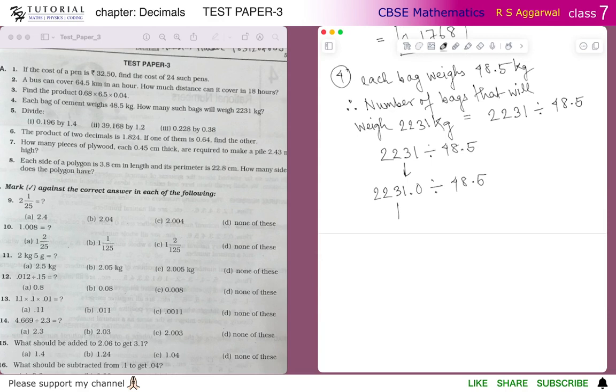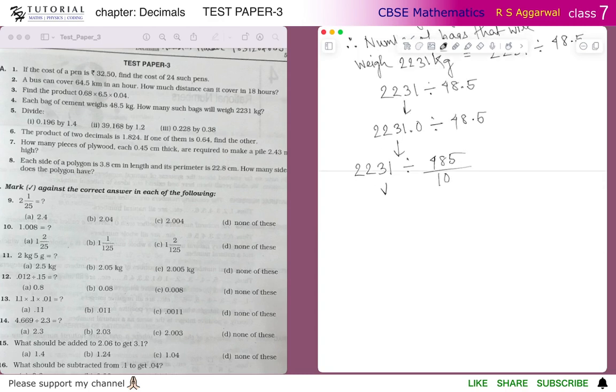So what do we do? We first convert both the decimal numbers to decimal fractions. Now remember that 2231 we can leave it like that, and this is divided by 485 divided by 10. So when you convert the decimal number 48.5 into a fraction, it will become a decimal fraction, which is 485 by 10.